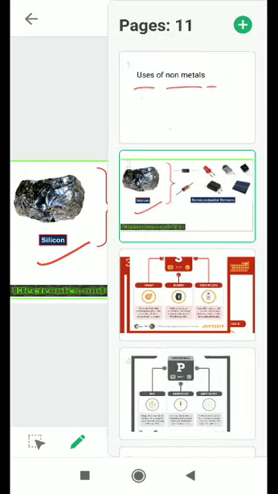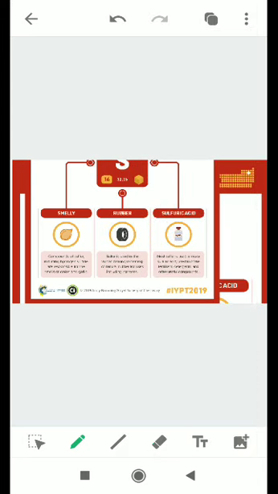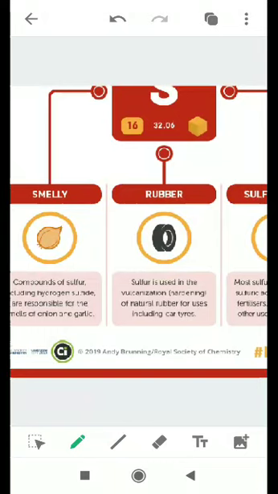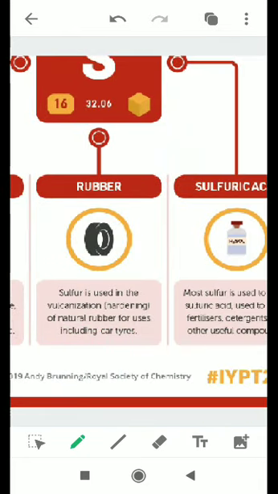And next is sulfur. Now sulfur has a foul smell, like the smell of onion, so it is used as a fungicide. Sulfur is used in the vulcanization process to make tires hard.